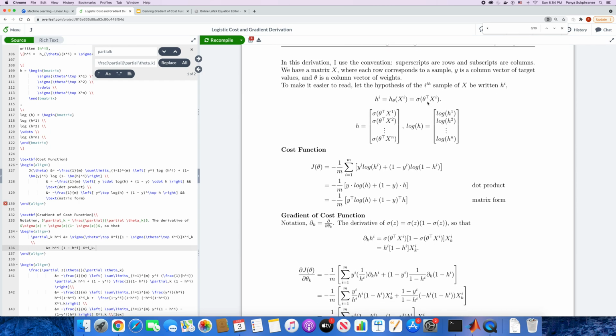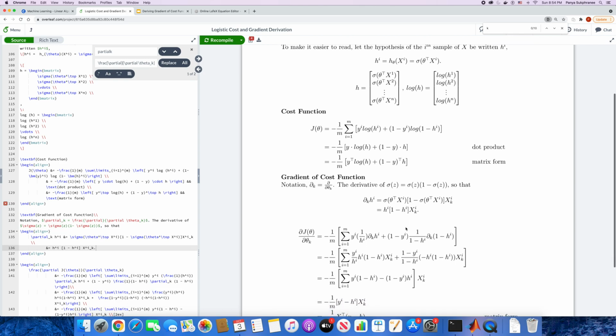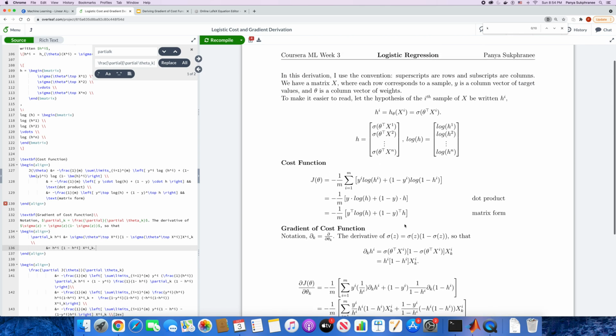So the partial with respect to k of that is just the ith sample's kth column, so the ith sample's kth feature. We could simplify this by replacing the sigmoid of whatever with h_i, because remember, h_i is the sigmoid of this. See that?